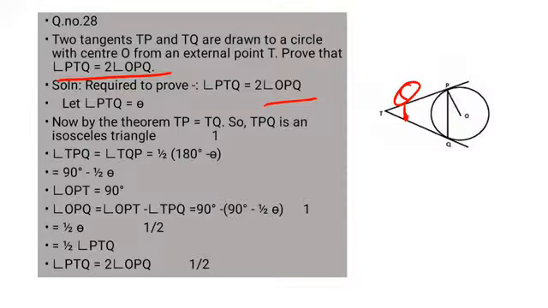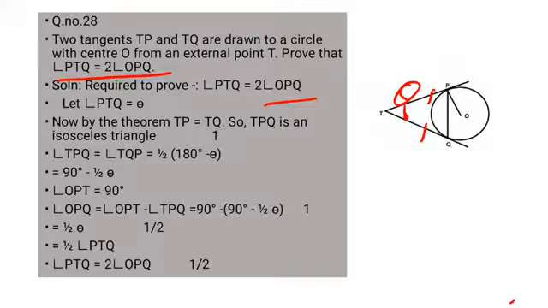Now by the theorem, TP is equal to TQ, so TPQ is an isosceles triangle. Therefore angle TPQ is equal to angle TQP is equal to half of (180 minus theta), that is 90 minus half theta. And we know OPT is equal to 90 degree.